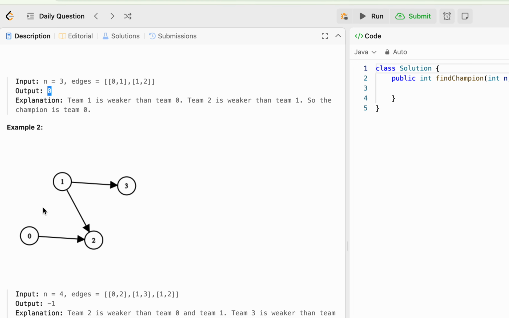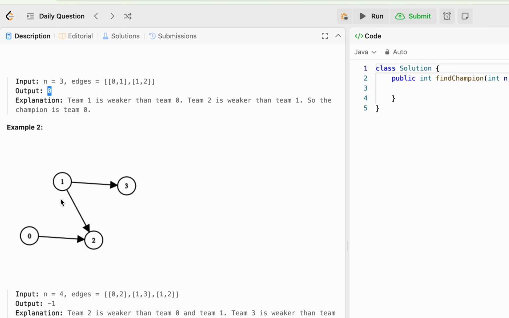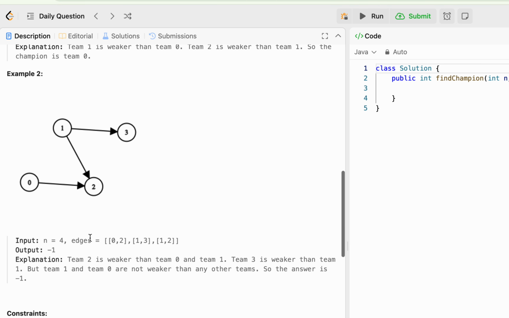If we consider only this part of the graph, 1, 3, 2, then 1 is the clear winner. But in addition, if node 0 is also considered and there is a directed edge from 0 to 2, then node 0 is also a winner, but we cannot conclusively say between 1 and 0 who is going to be the winner. That's why we are returning -1 in this example.